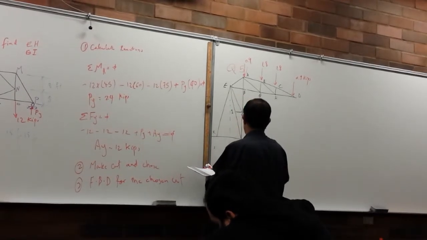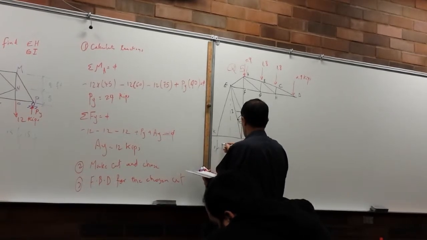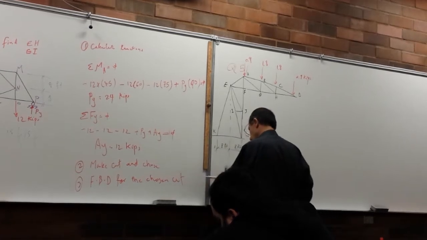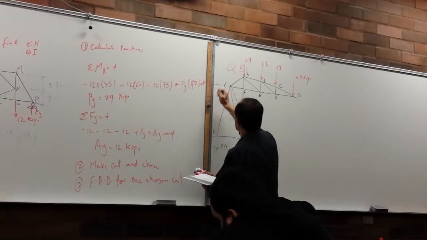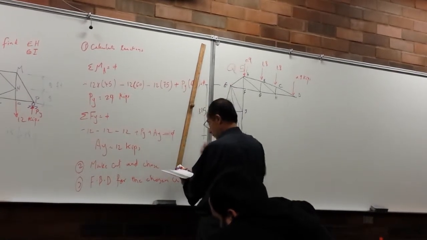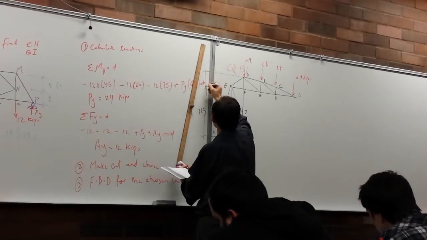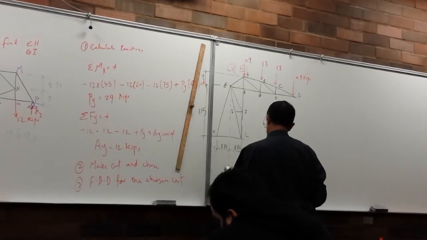This line here is dividing this into 8 feet and 8 feet. The height here is 31.5, and this one here is 9. 12, 14, 14.